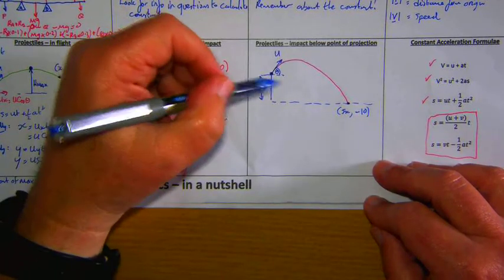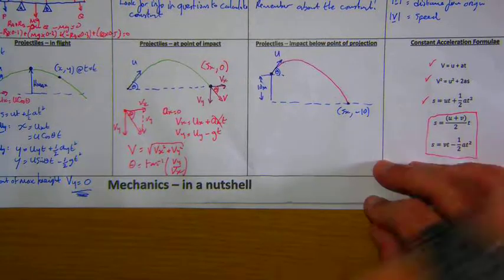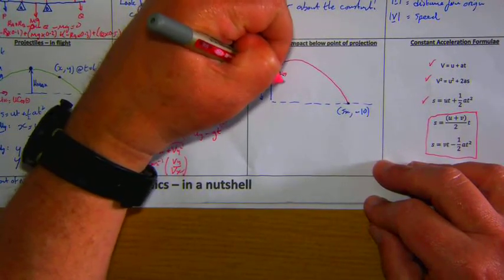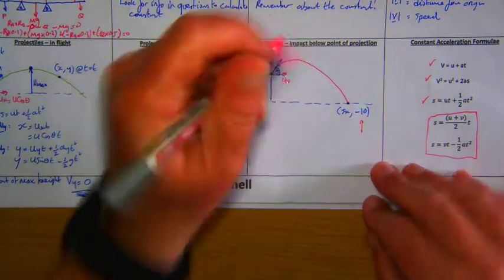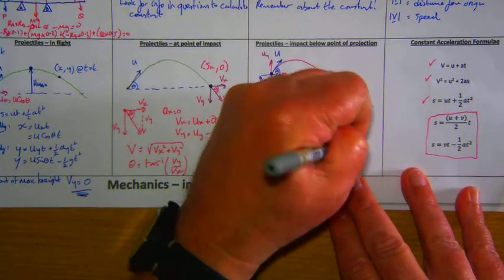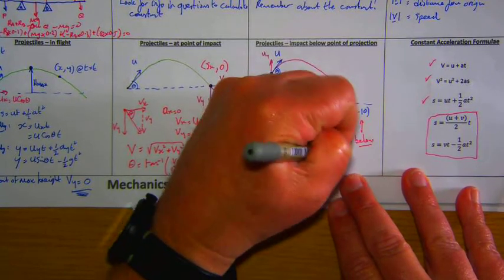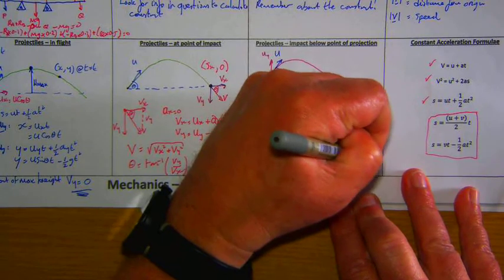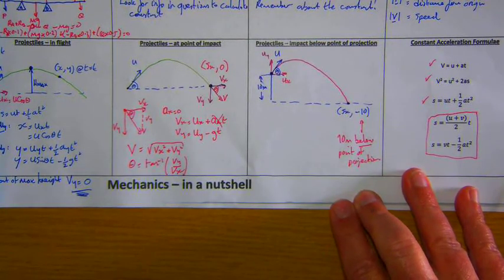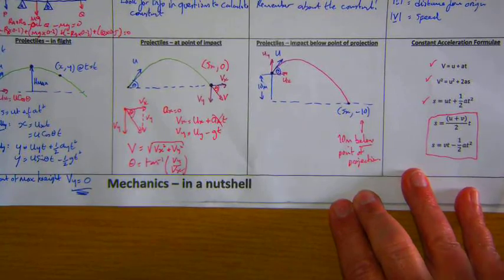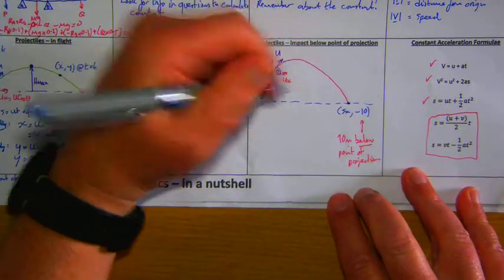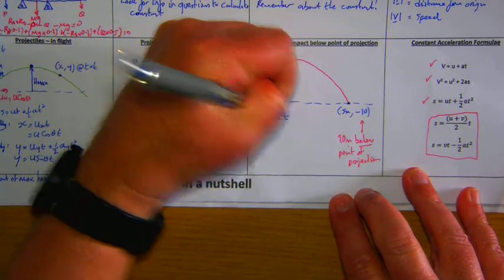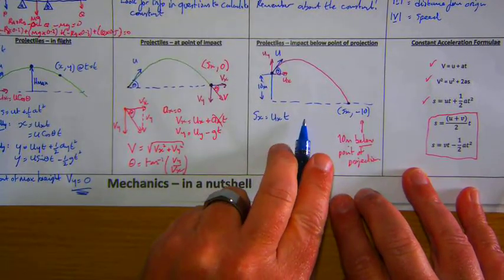So again, depending on what you're given for u, you know you've got your uy, you know you've got your ux. So Sx equals ux t, because the half at squared is going to be 0.